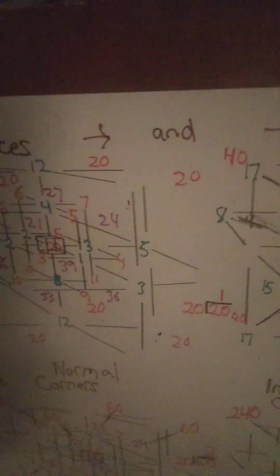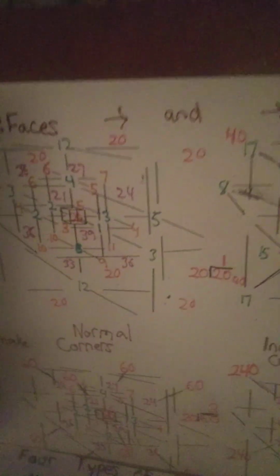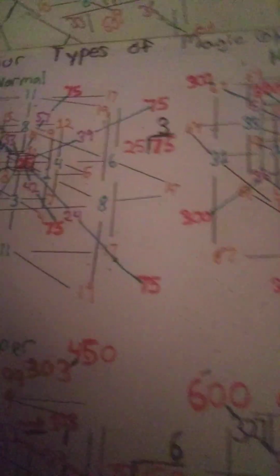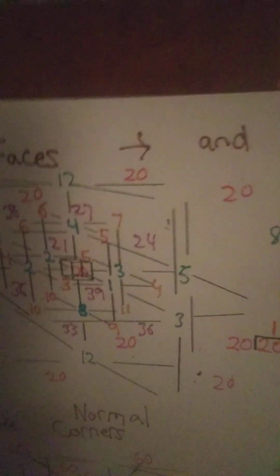And so I found the pattern that fills in all the blanks that these leave. 3, 4, 6, and 8. This is 1, 2, 3, 4, 5, 6, 7, 8, and 9. And this is the alternative to 8.